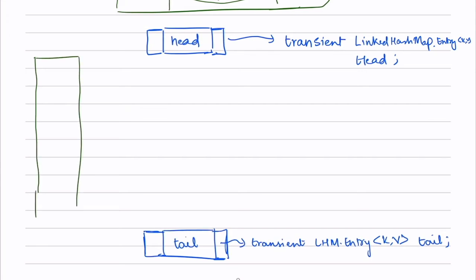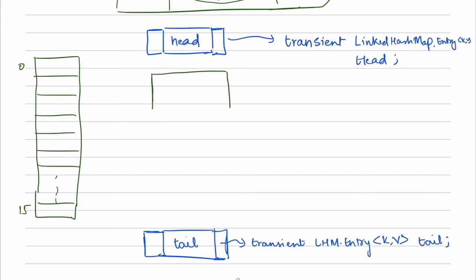Which is inside, 0 1 2 3 4 5 up to 15, 0 to 15. So we have entered, let's suppose, the first node, and this will be similar. So here 1 1 xyz null.